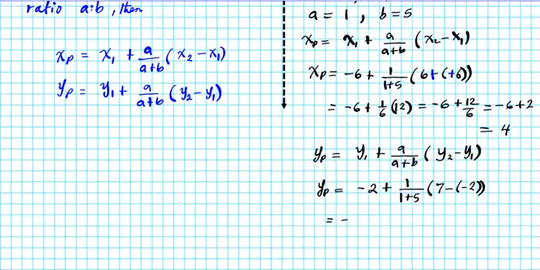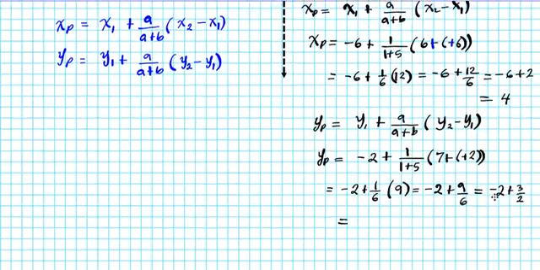We're going to have negative 2 plus 1/6 times, minus a negative is a plus, 9. That gives us negative 2 plus 9 over 6. If you simplify this, you have negative 2 plus 3 over 2. You find the LCD by expressing negative 2 as a fraction, and then multiplying it by 2 top and bottom. Remember, denominators of fractions must be identical in order for you to combine them. So this combines to give you negative 1 over 2.